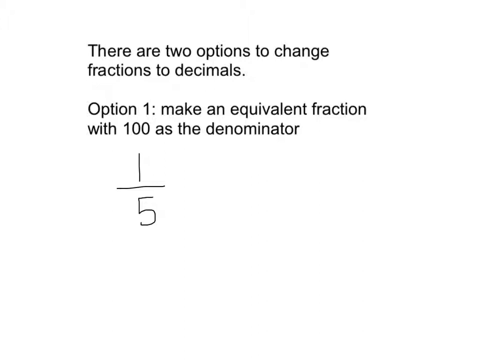So as you can see, I wrote 1/5 down below. If I make an equivalent fraction, meaning my denominator must be 100, I have to decide what I multiplied 5 by to get to 100. Well, knowing my math facts, I know that 5 times 20 equals 100.